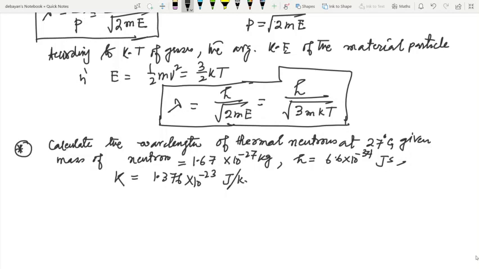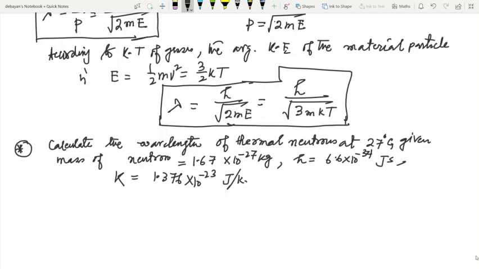So 6.6 into 10 to the power minus 34, divided by root of 3 into 1.67 into 10 to the power minus 27, into 1.38 into 10 to the power minus 23, into T. The temperature is 27, so you have to make it Kelvin, that is 300.